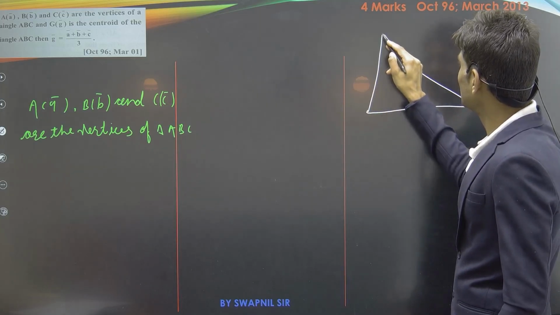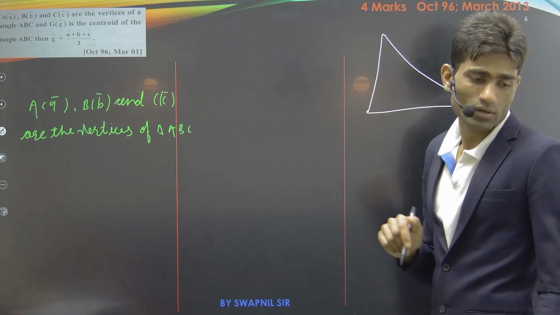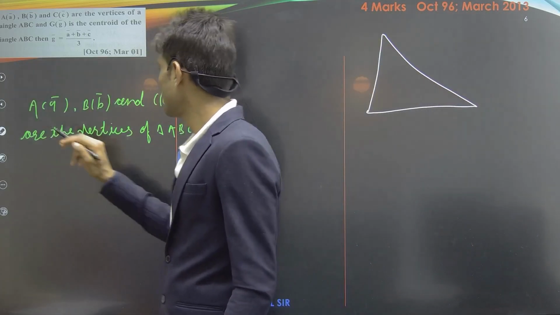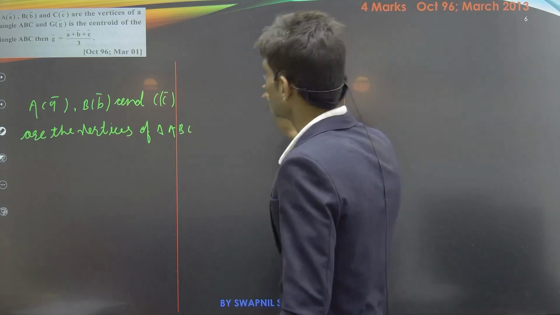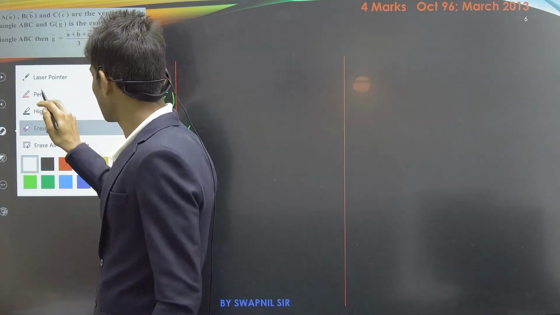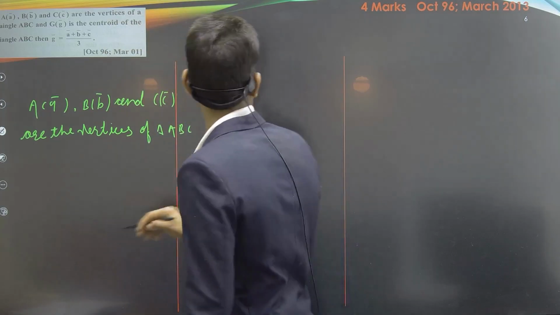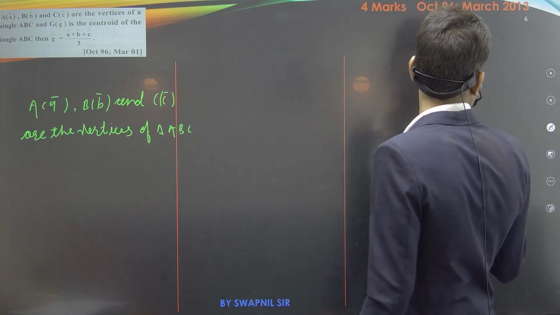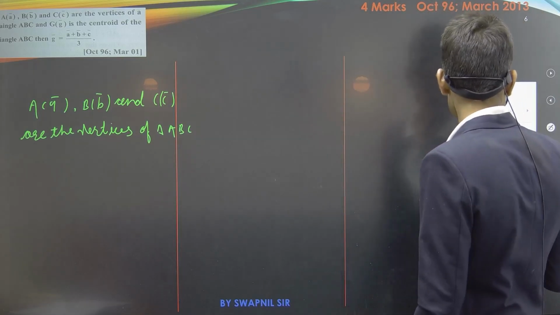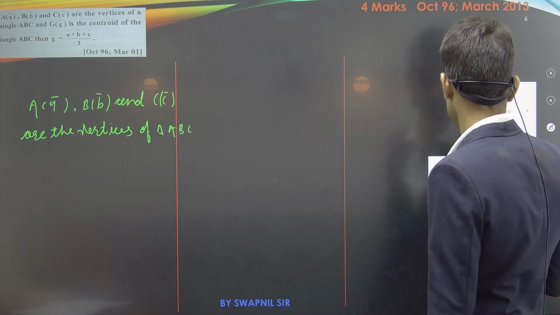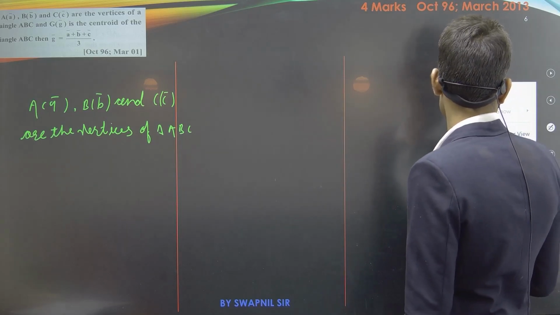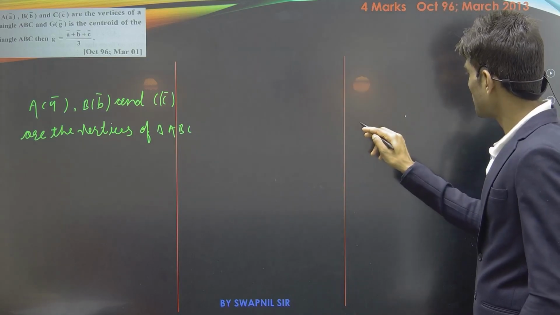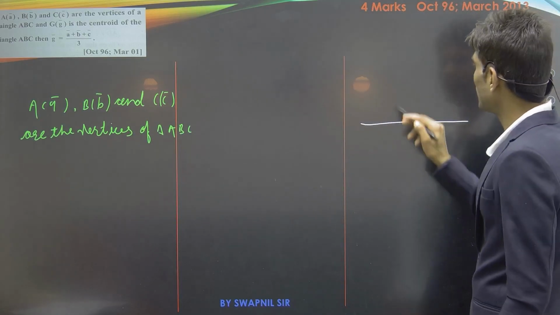So consider this one is a triangle. Let me draw this again. Let me plot it by hand. This is the first line of our triangle.